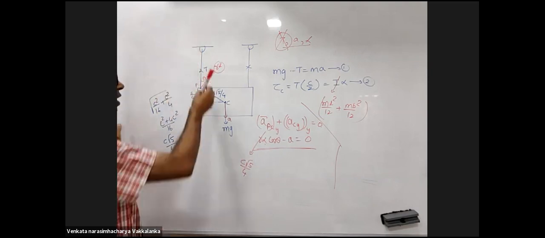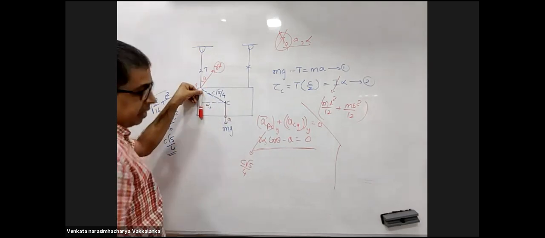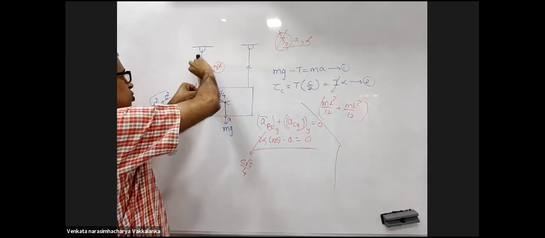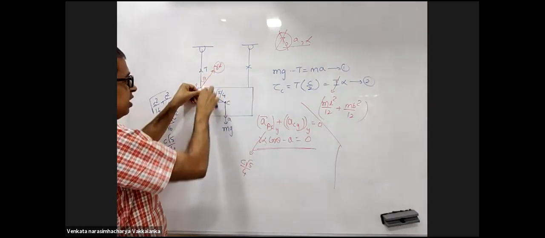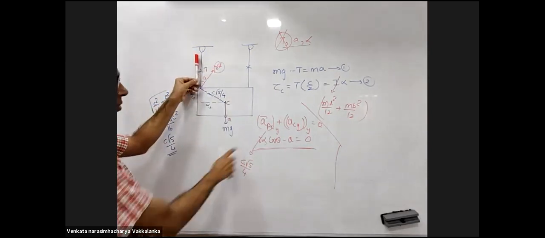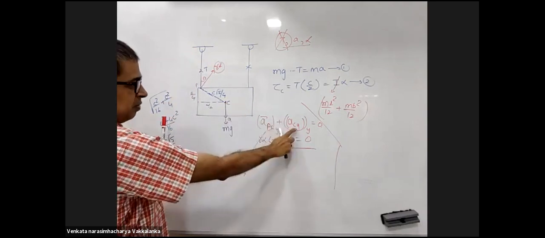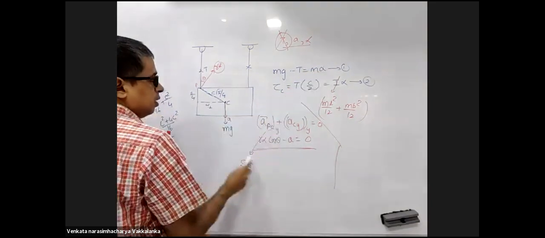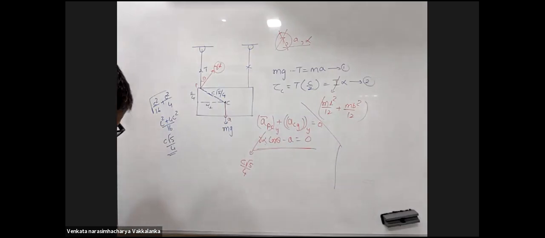So technically I will have to take the resultant of R alpha and a. That will come somewhere in this direction, say. I will have to resolve that in the upward direction and equate it to 0. Instead of taking the resultant and resolving it, you first resolve R alpha in the upward direction along the y-axis, along with the acceleration of the center of mass along the y-axis. And that you equate to 0. Got it, sir.